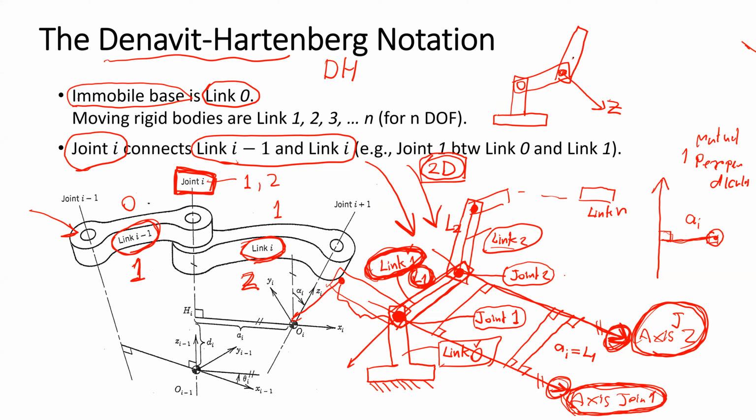But if the second link is somewhere far from the plane, the offset is measured along the z-axis, or the axis of rotation.